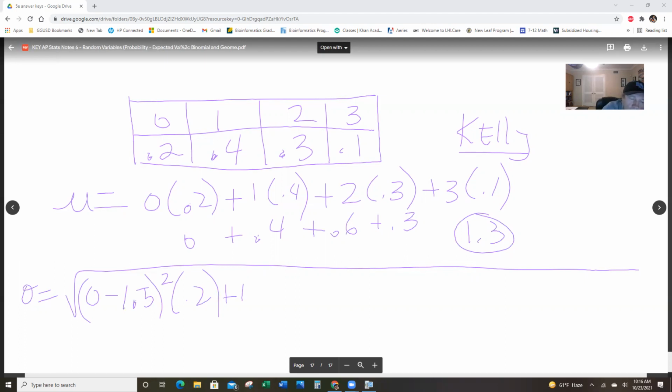Plus 1 minus 1.3 squared times 0.4, plus 2 minus 1.3 squared times 0.3, plus 3 minus 1.3 squared times 0.1.